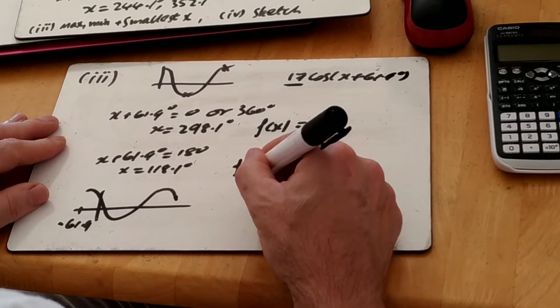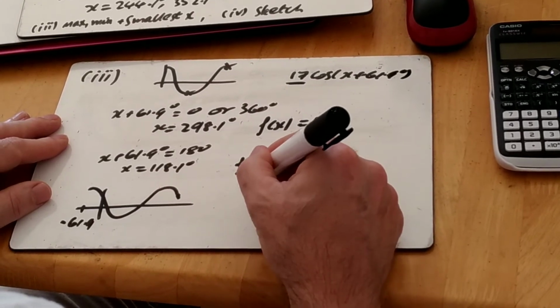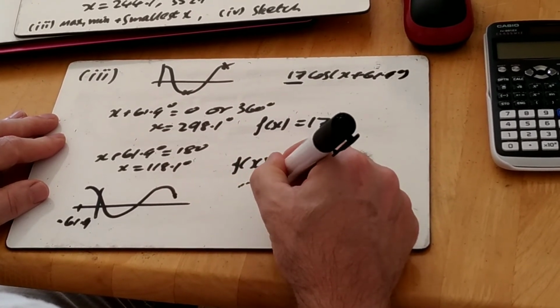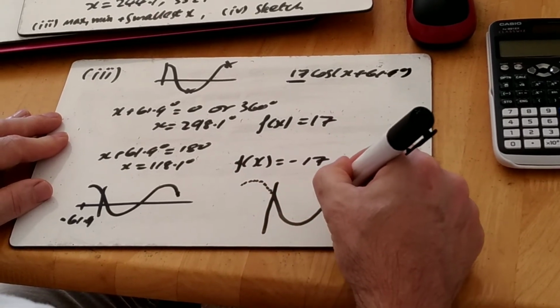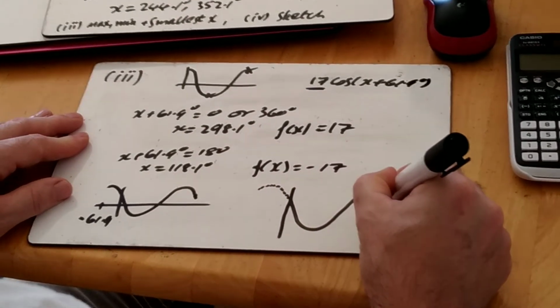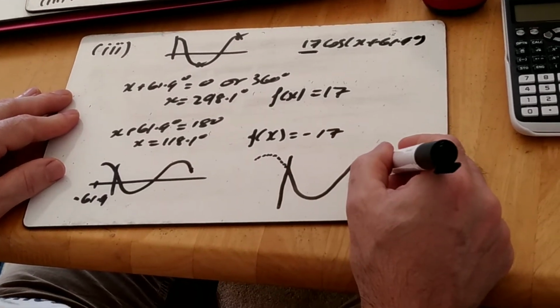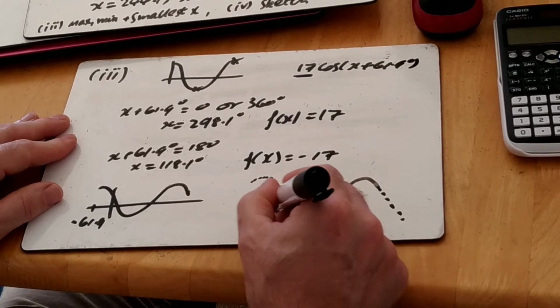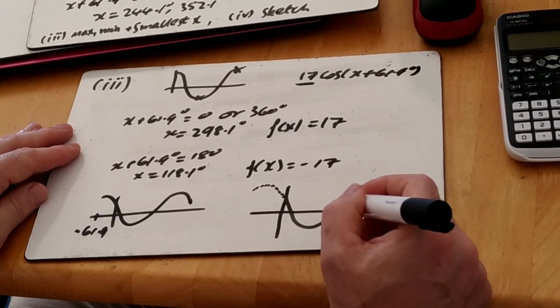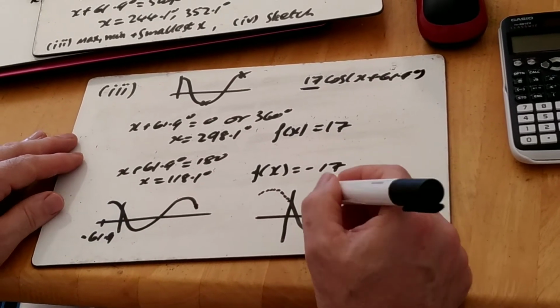I can then begin to think about my shape of it like this, and there, that's 0 to 360, and then carrying on if necessary like that, and hopefully I can begin to think about the sketching of it.